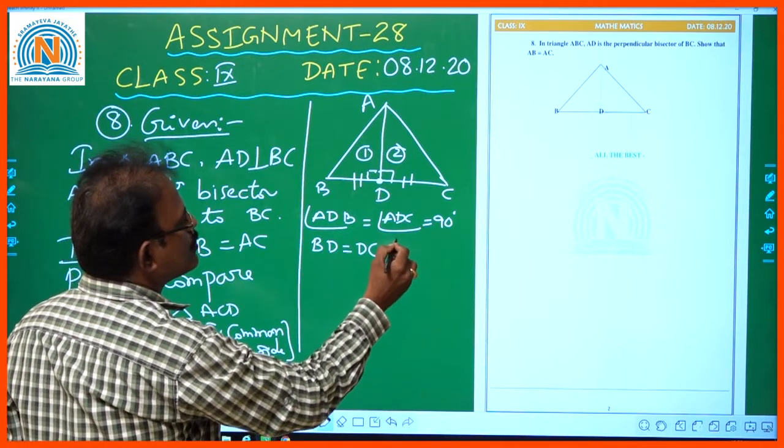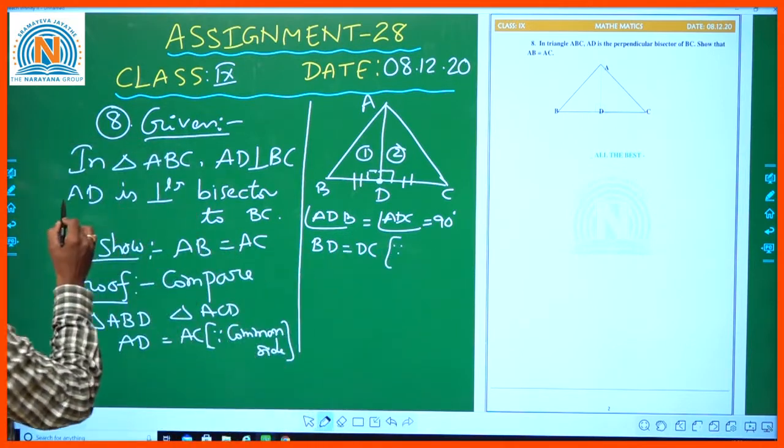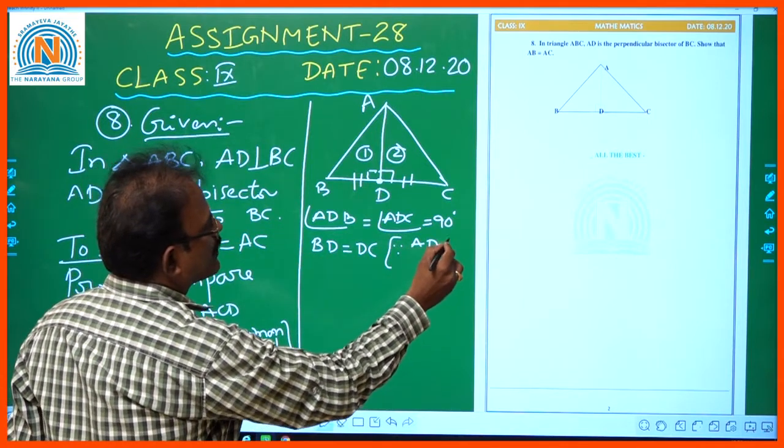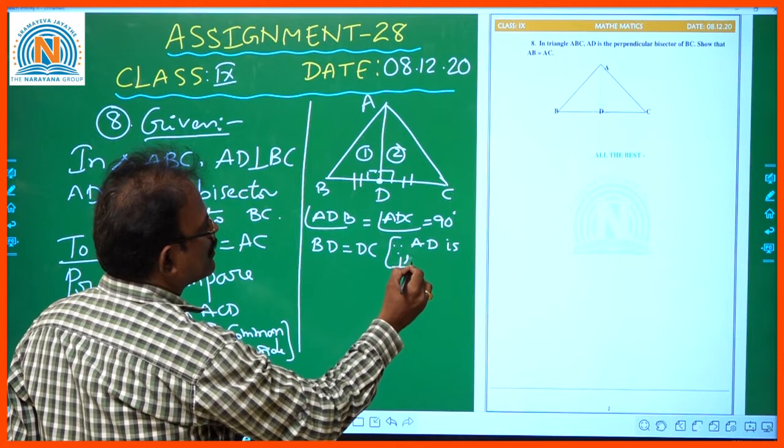This is from the concept that AD is the perpendicular bisector.